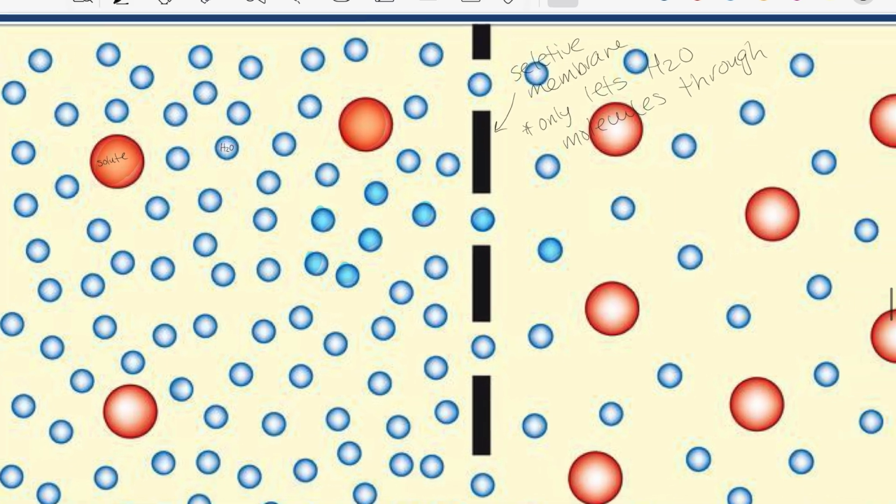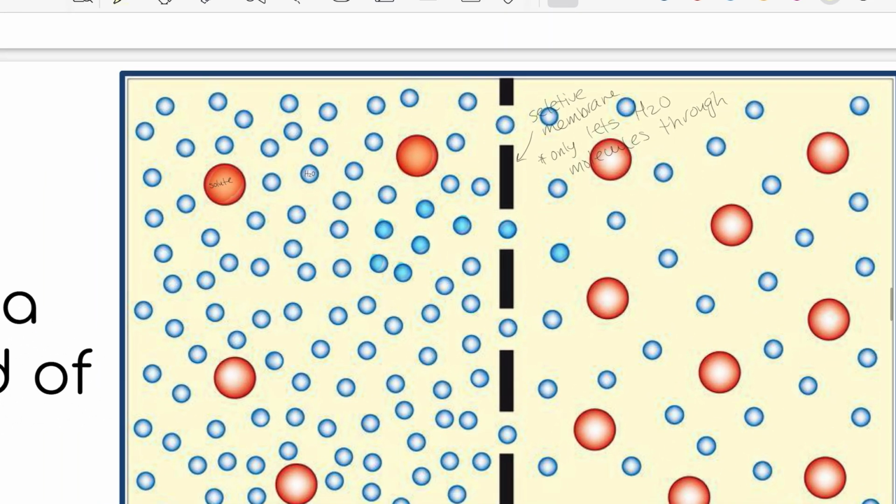This one here is only letting water molecules pass through. Only water molecules are getting through this membrane. And you can see that there's these little spaces here. Those are the pores that are letting the water molecules through. But the solute molecules are not able to pass through.